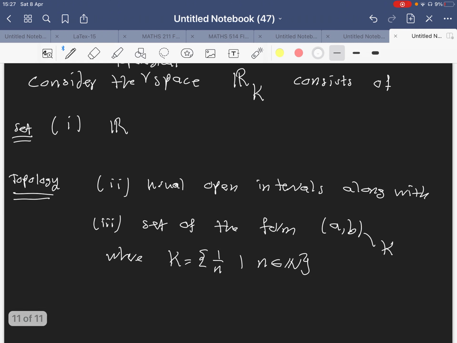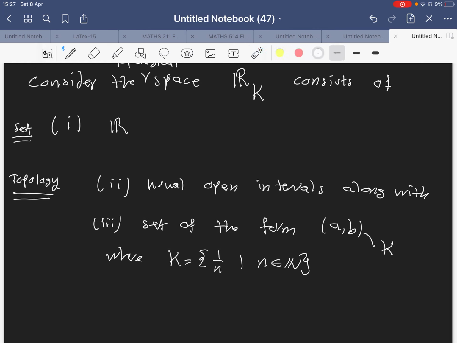So my open sets in this special space will be either a normal interval, or the interval from which I take 1 over n away.